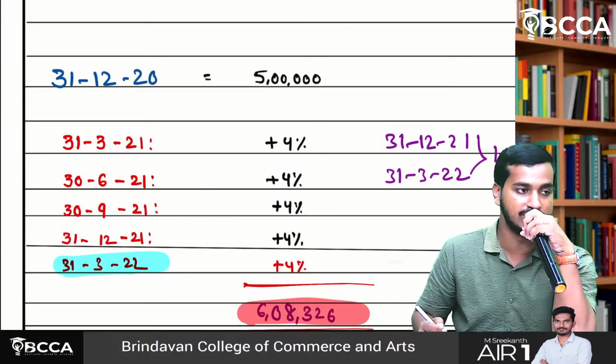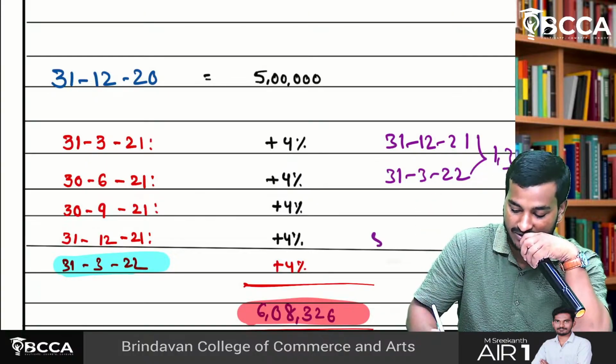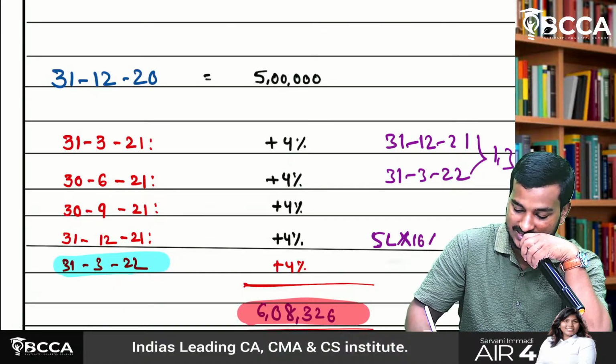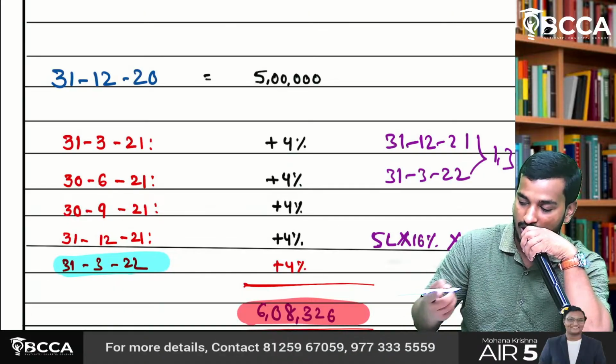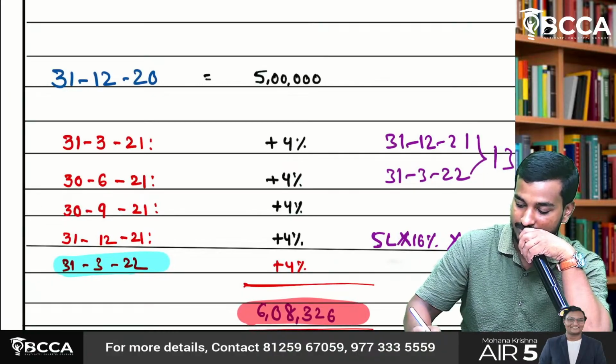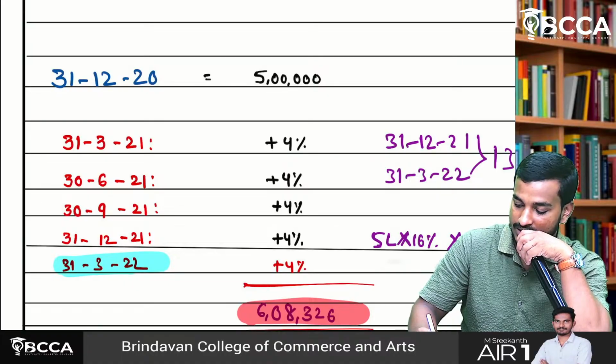1 year 3 months. Directly apply 5 lakh into the percentage, 16%, into how many months? 15 months. How to apply it then? 1.3, no?